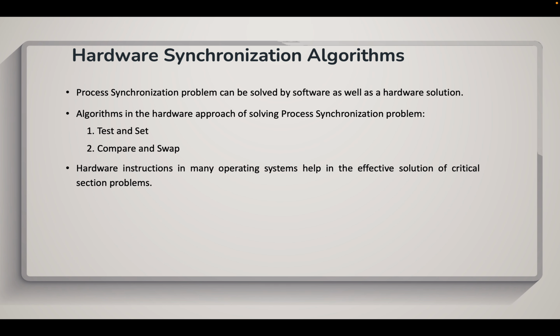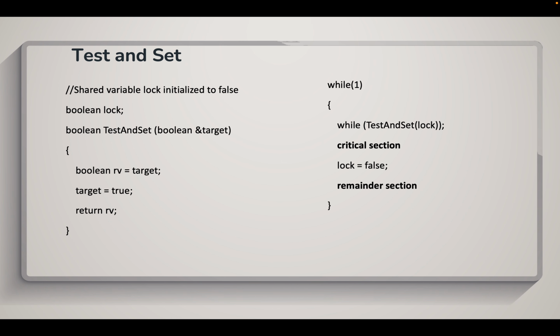Hardware solution. There are two hardware solutions. One is test and set, another one is compare and swap. Test and set uses a Boolean variable, target. The target value is assigned to the local variable RV, the target is set to true, and RV is returned. Here you see test and set of lock. If the test and set of lock returns true, then the process will wait.